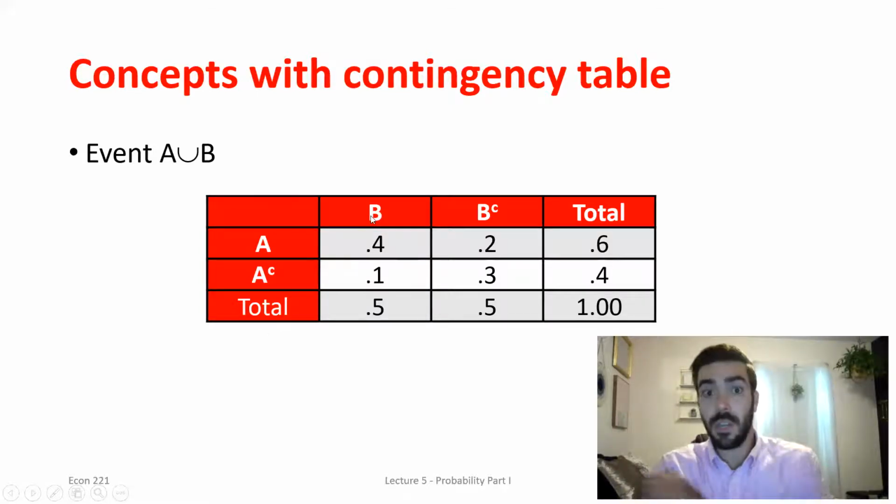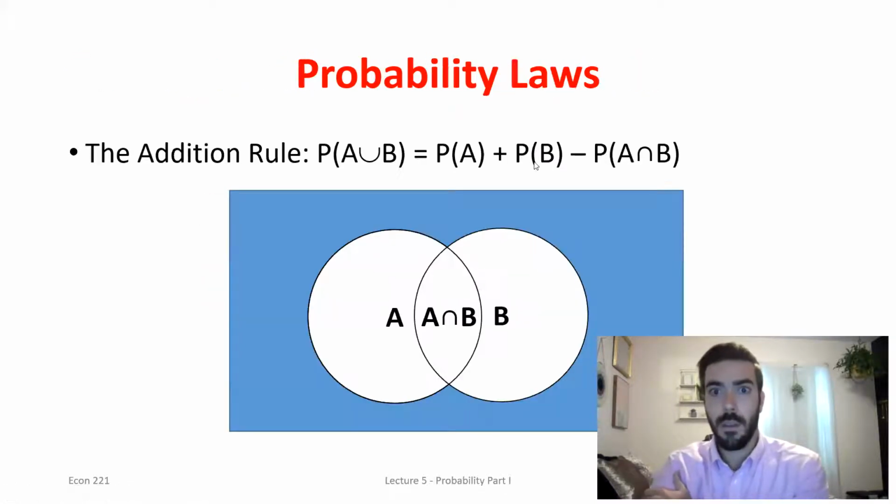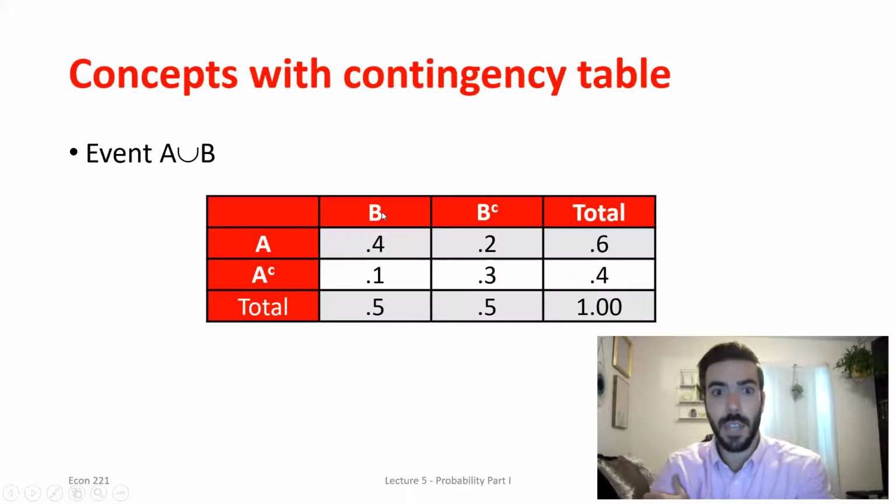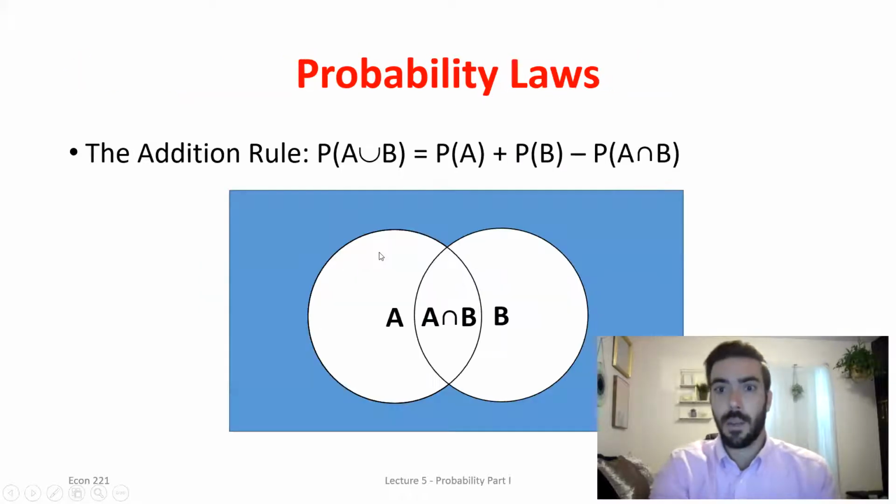The probability of B is just 0.5. So I add those together, and plug those in here. Now I subtract out the intersection. The probability of A and B is 0.4, so I plug in my 0.4 up here.